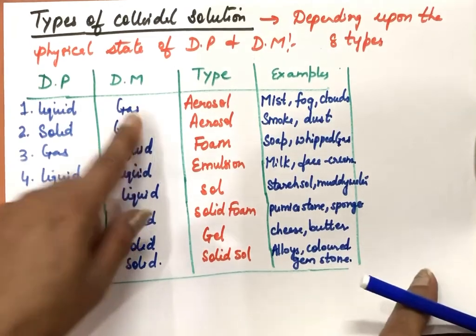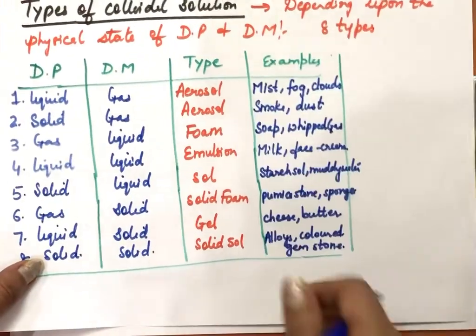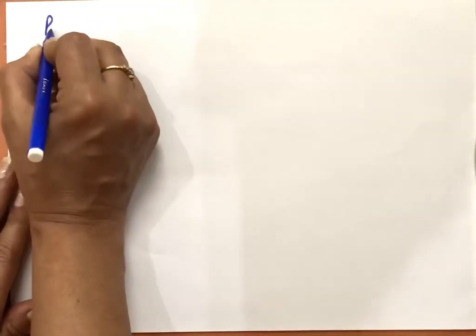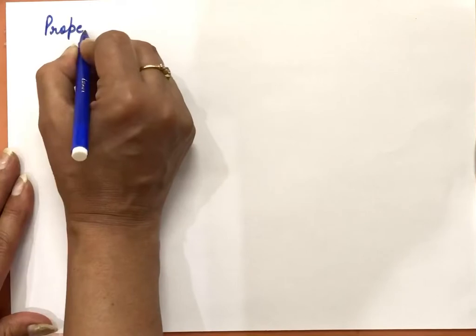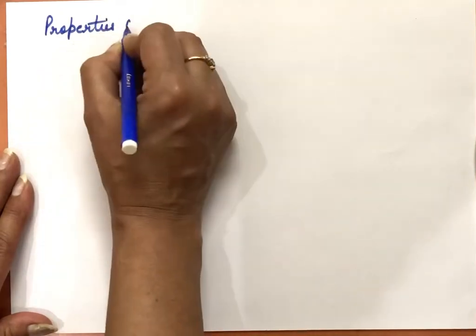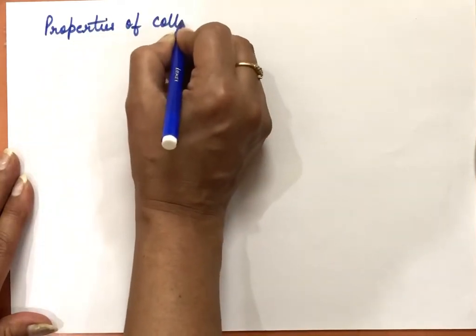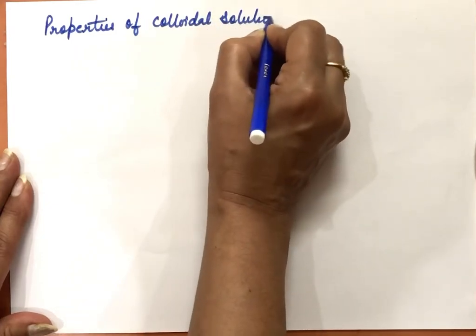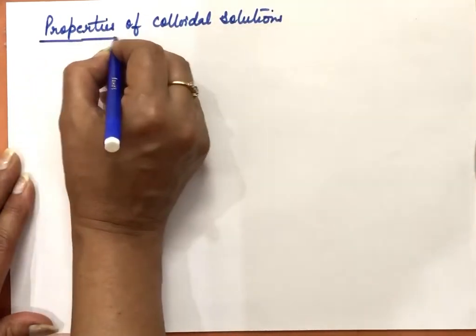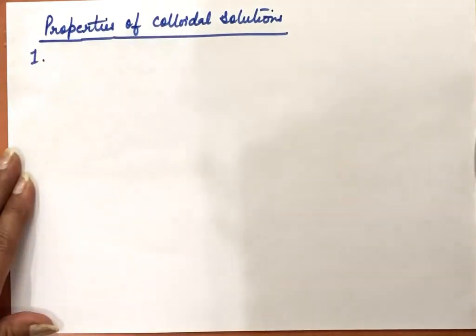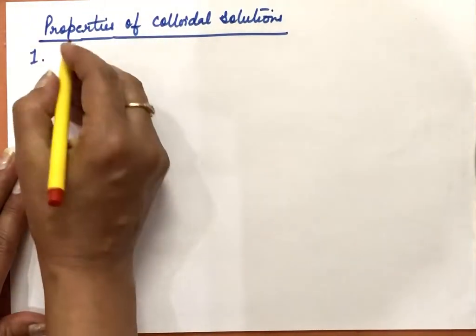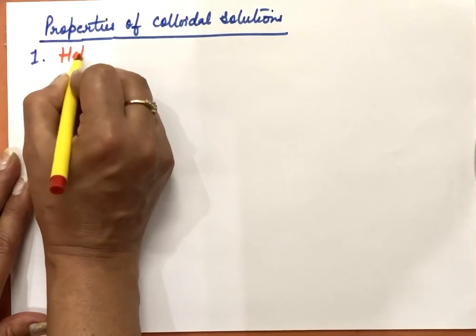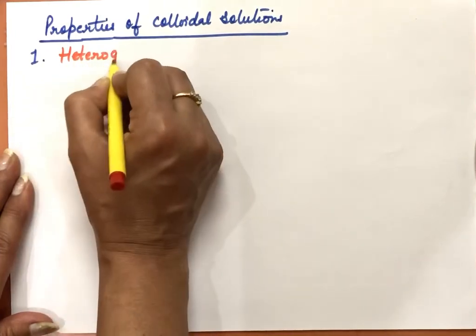Now we will do the properties of colloidal solutions, which will be from the things that we have covered so far. First property, like we have done, is that these are actually heterogeneous in nature, though they appear to be homogeneous.